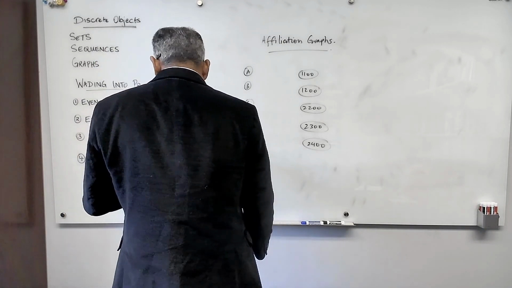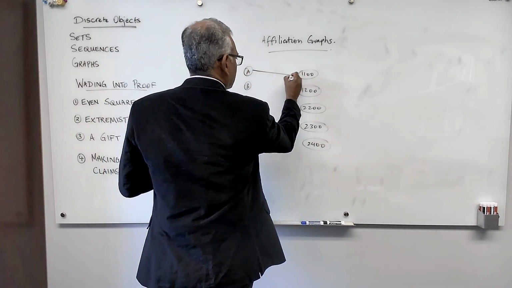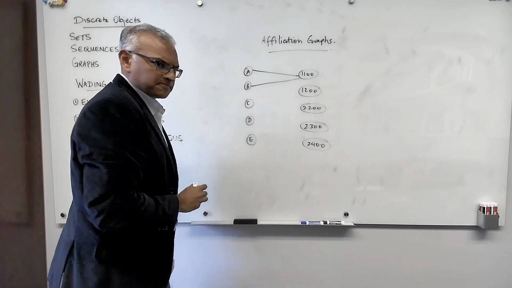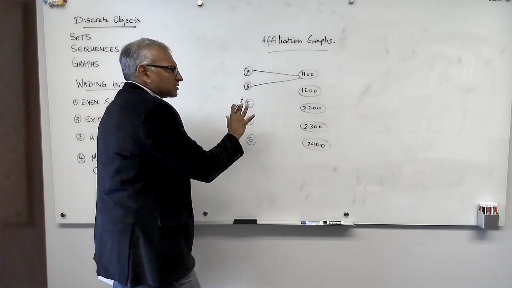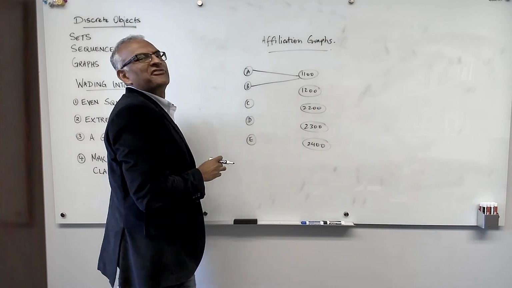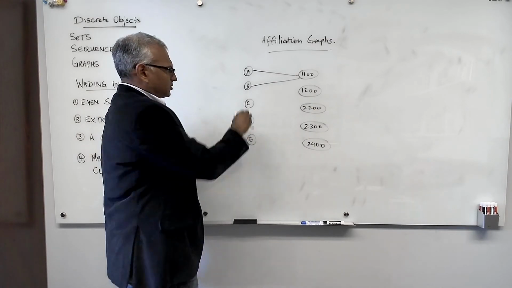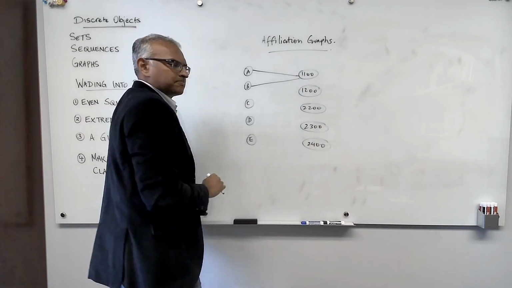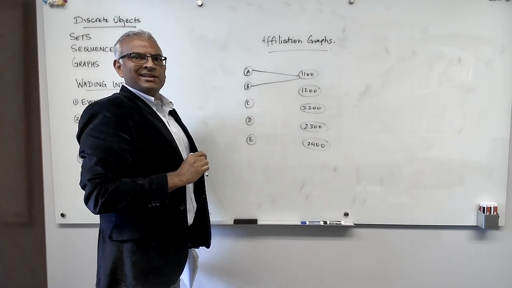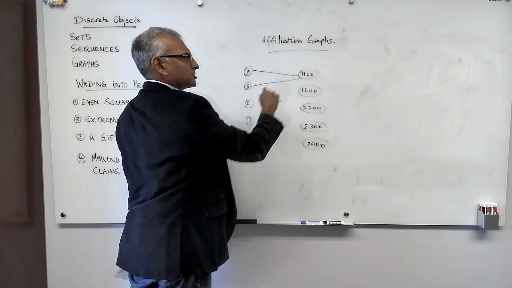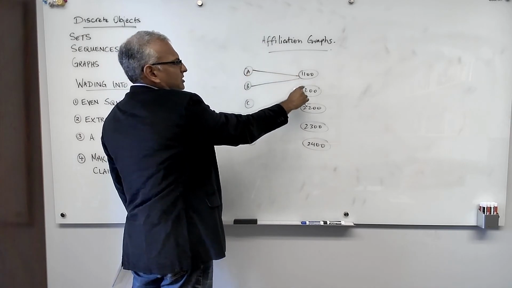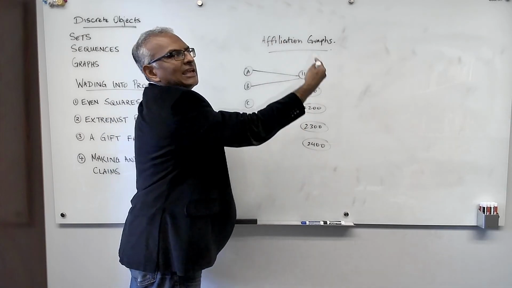Now, A is taking 1100 and B is taking 1100. So, first thing to notice, this graph has objects and they are labeled of different kinds. Perfectly okay. So we have people and courses. And the link is linking a person to a course, and is telling you which courses A is affiliated to.